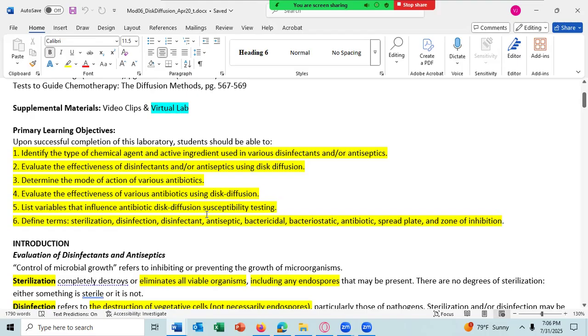And 6, be able to define the terms: what's sterilization, disinfection, what's a disinfectant, what's an antiseptic, what's a bactericidal agent, what's a bacteriostatic agent, what is an antibiotic, what is a spread plate, and what is a zone of inhibition. For zone of inhibition, I will usually write just ZOI, but when I write ZOI, I mean zone of inhibition. Any question about any of that?